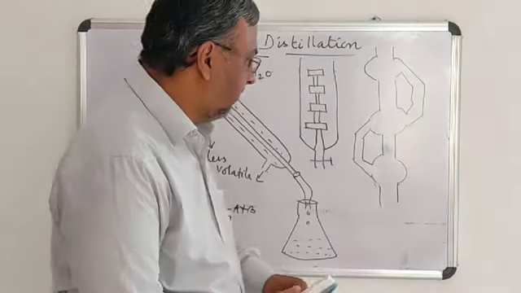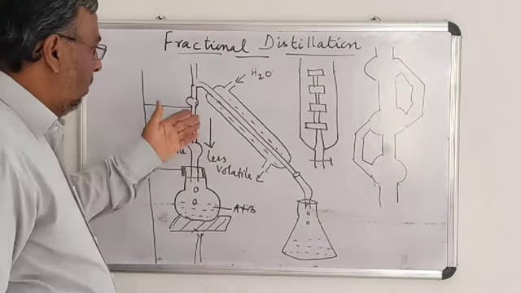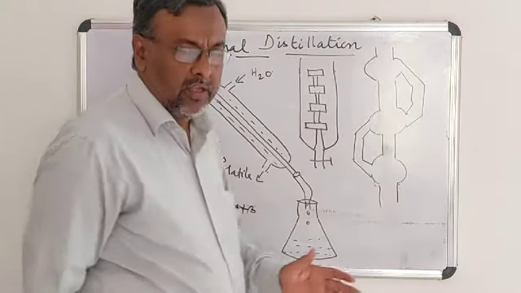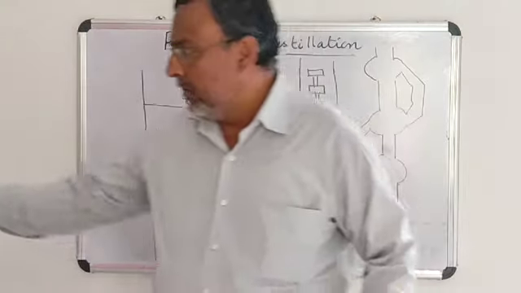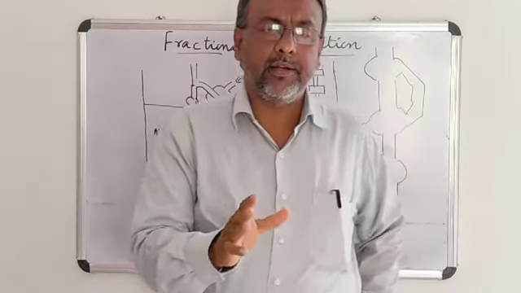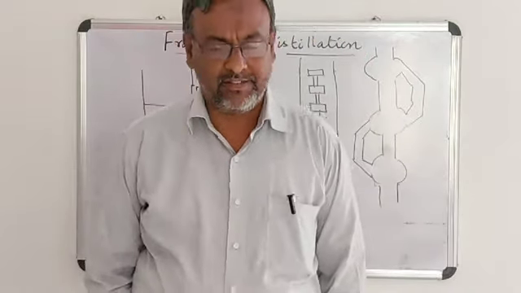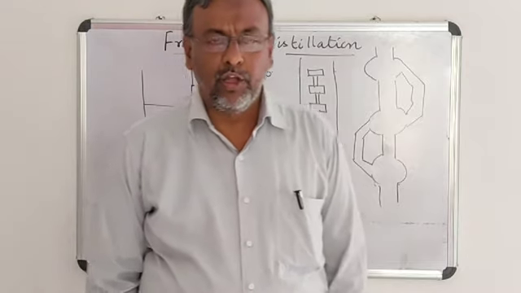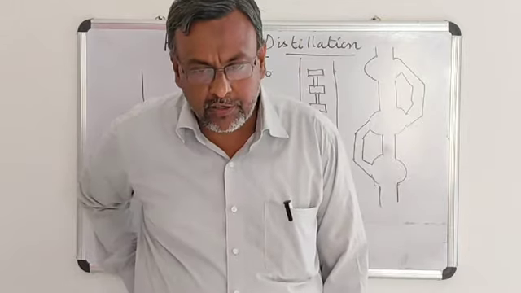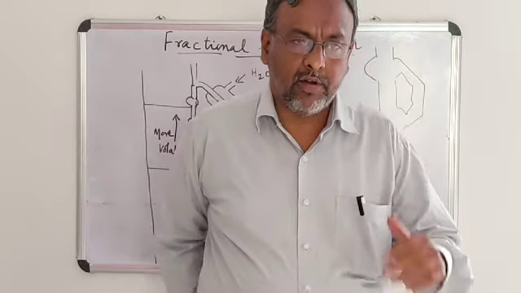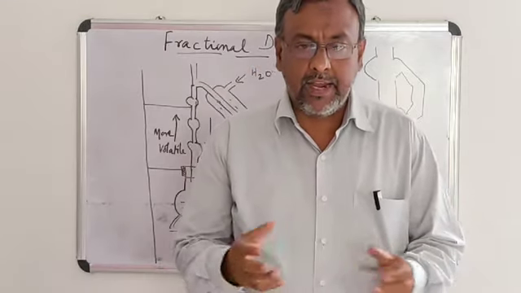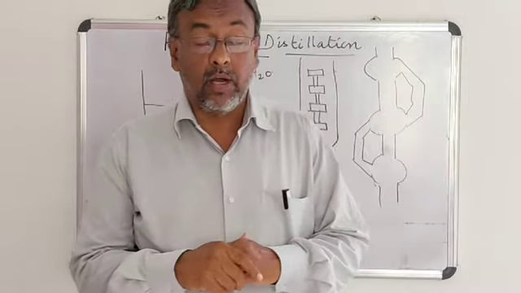So like this we have to use the fractional distillation process. It is a type of separation process or a type of purification process, purification of one liquid from another. When two liquids are mixed together, they act as impurities to each other.